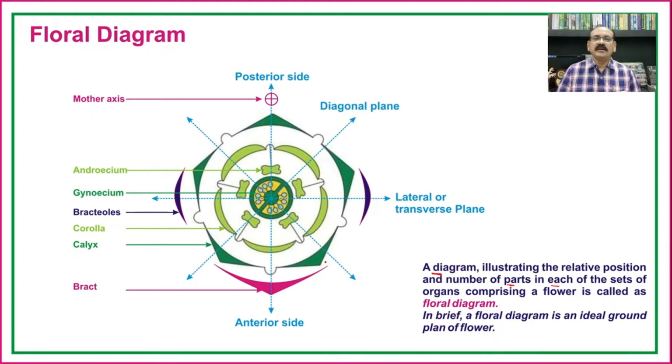This is a technical definition. But in a simple way, we can say that a floral diagram is an ideal ground plan of a flower. Whatever the position of the different floral parts in the flower, we have to represent that in the form of a diagram.